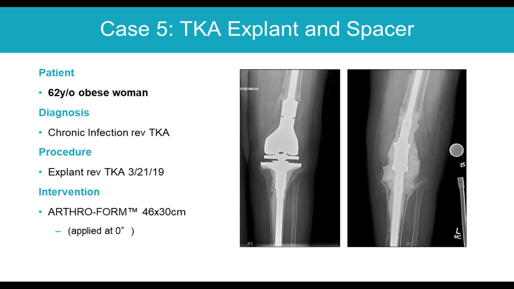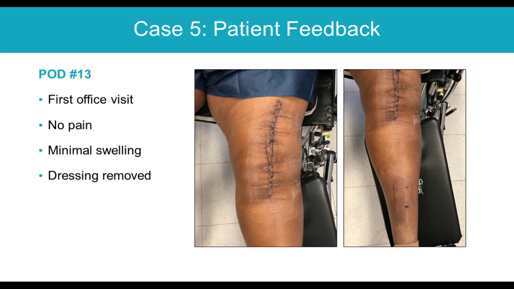And this is another patient, a 62-year-old obese lady with a very different kind of a problem, an infected distal femur replacement. I treated her with an antibiotic spacer. This was about a 4-hour surgery to take that out and put a spacer in.